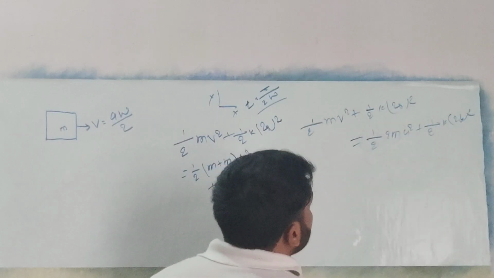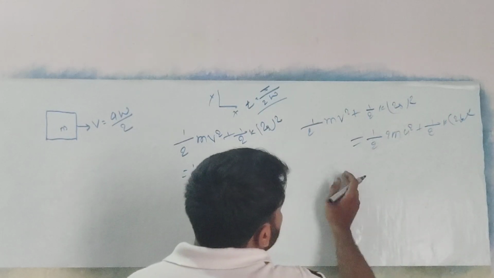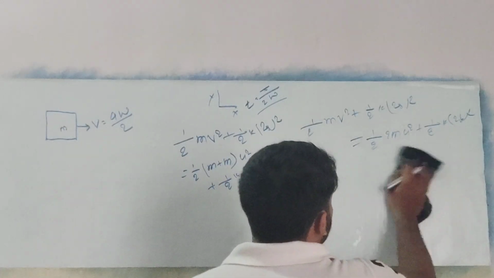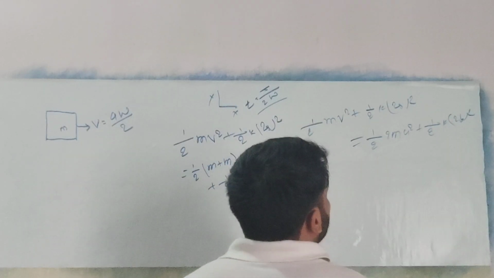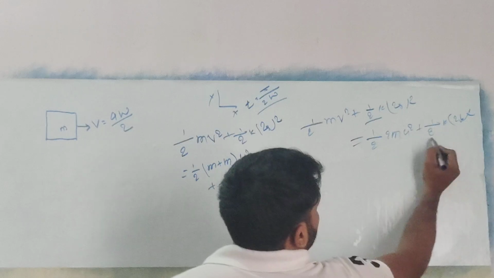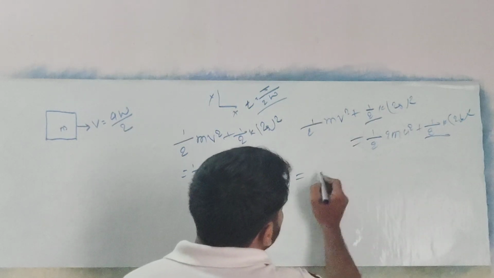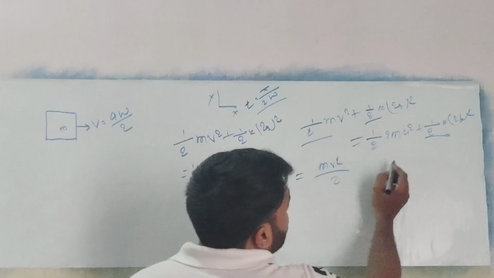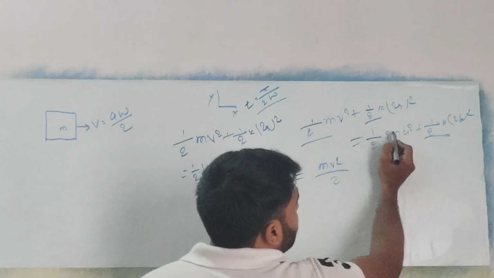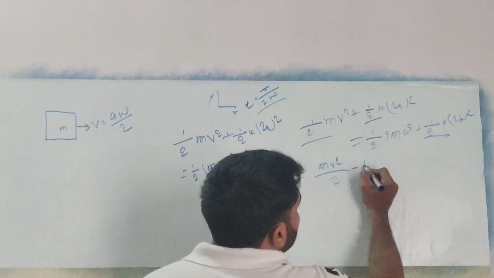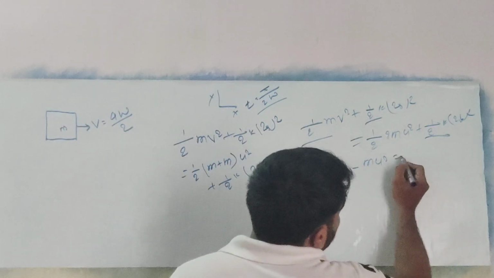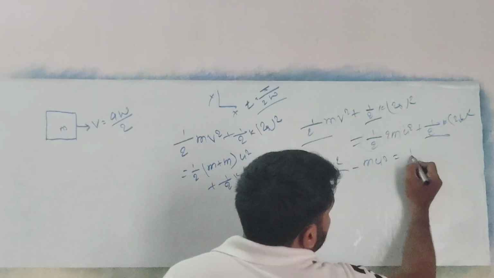Let's put that here and let's transfer this here, and then we will take half k common. Here m v square by 2 minus m u square, because this 2 gets cancelled, and now we will take half k common.